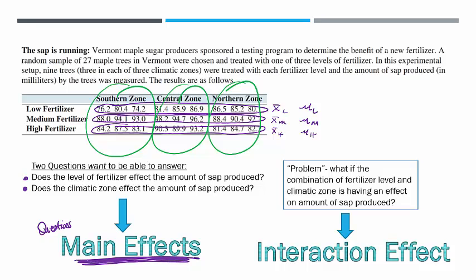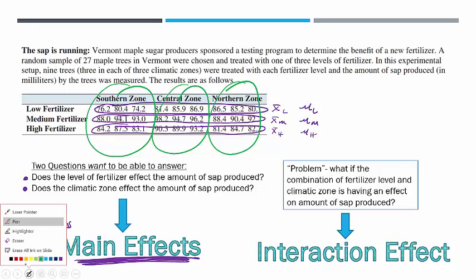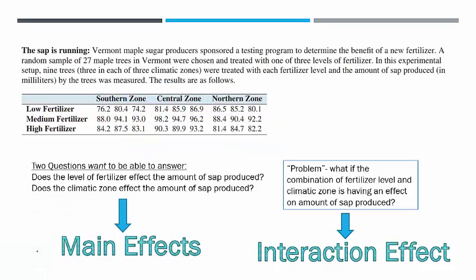But there's a problem with separating this data. The problem is what we call the interaction effect. There are good reasons why experiments and statistical studies are set up this way, to study 2 explanatory variables at one time.